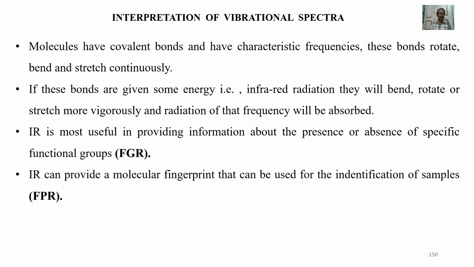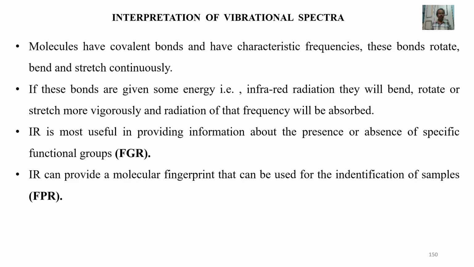This is primarily done using techniques like infrared and Raman spectroscopy. Interpreting a spectrum involves correlating the absorption bands in a spectrum with known absorption frequencies. This process helps to identify the structure of the molecule.